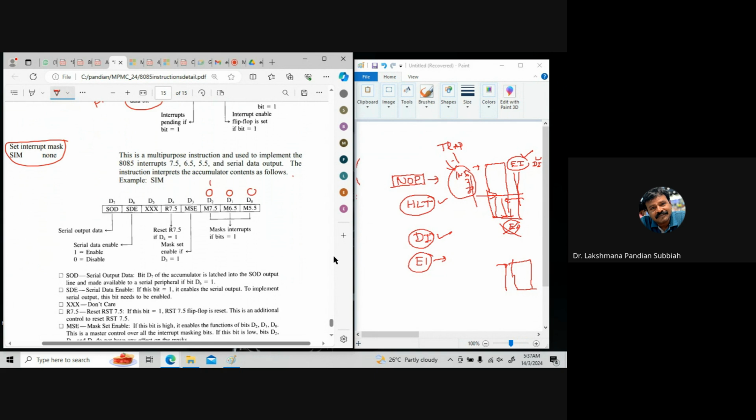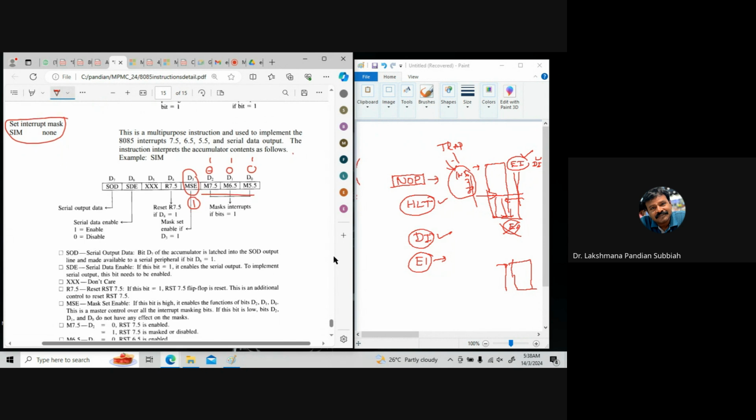If it is 1, the interrupt is disabled, right? This is the overall control for enabling or disabling, the mask set enable. If it is enabled by 1 and these are all 0, then the interrupt is allowed and it will go on to the cases, right?